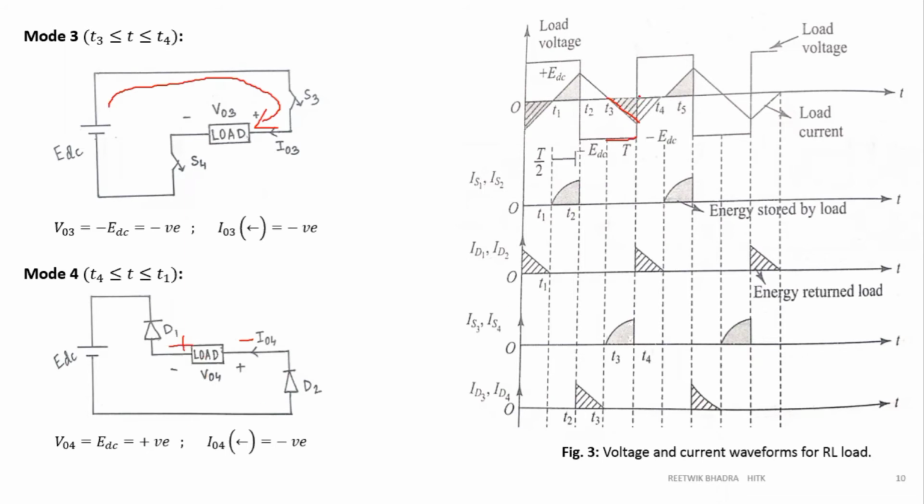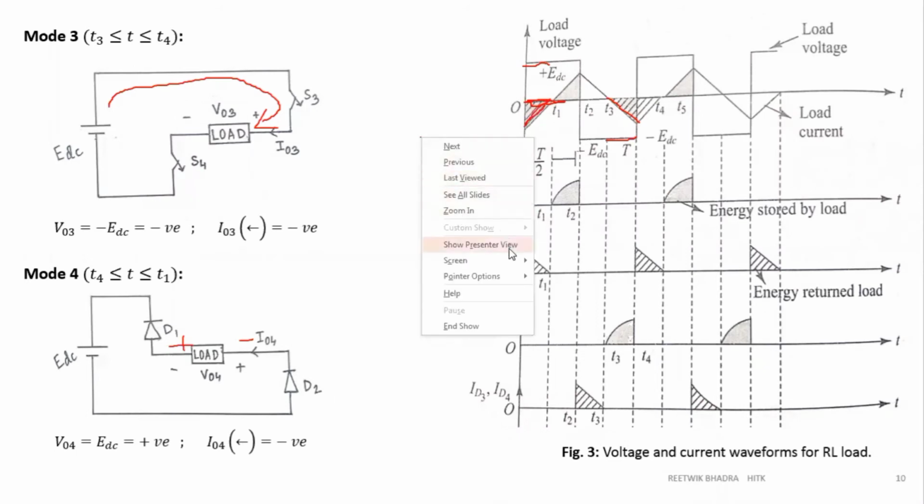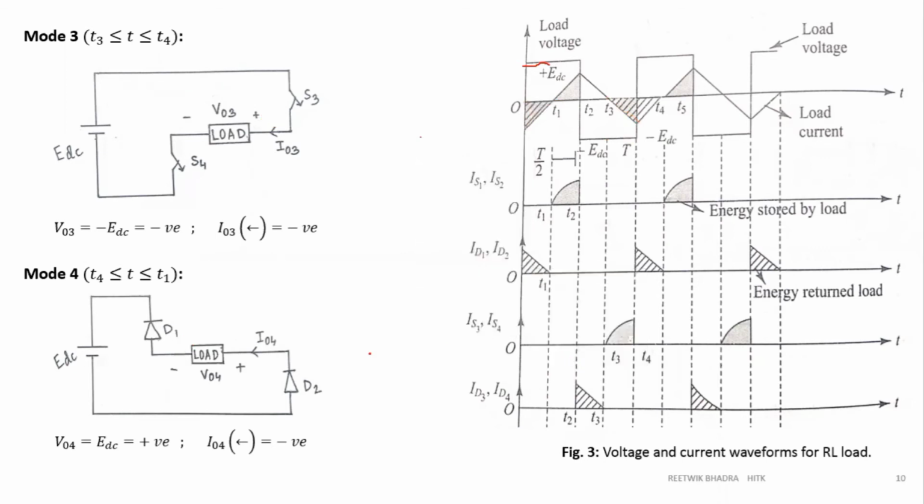So you can read this region also, or we can read the region before T1. This is nothing but T4 to T1. We are having positive voltage but negative current. During this, D1 and D2 will be on, so only the D1 and D2 current is shown.